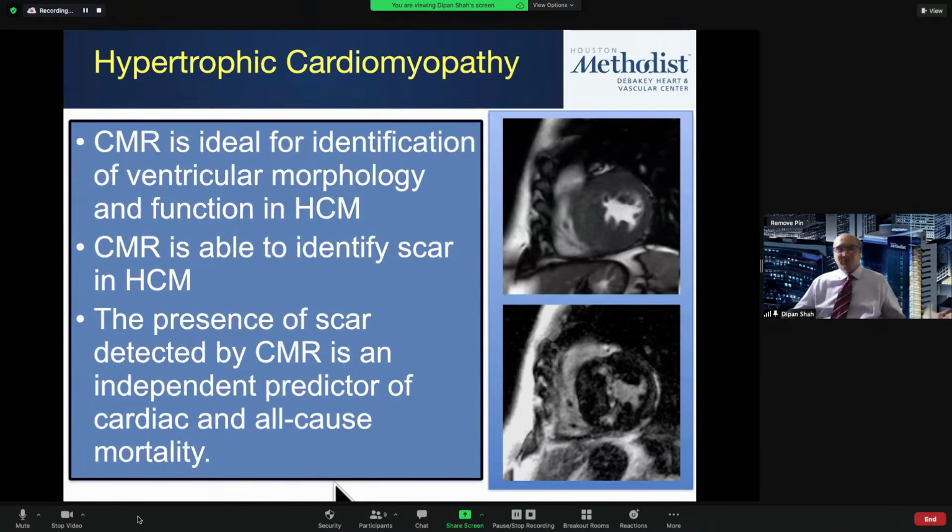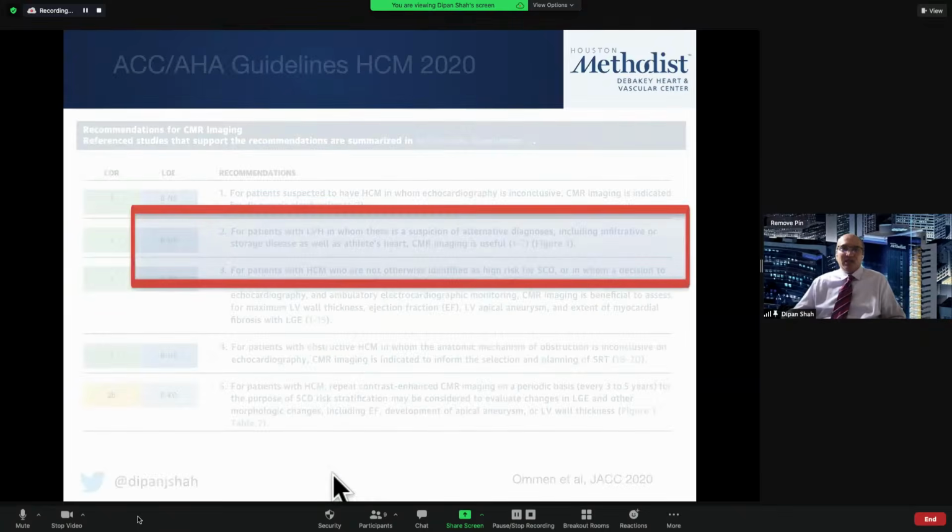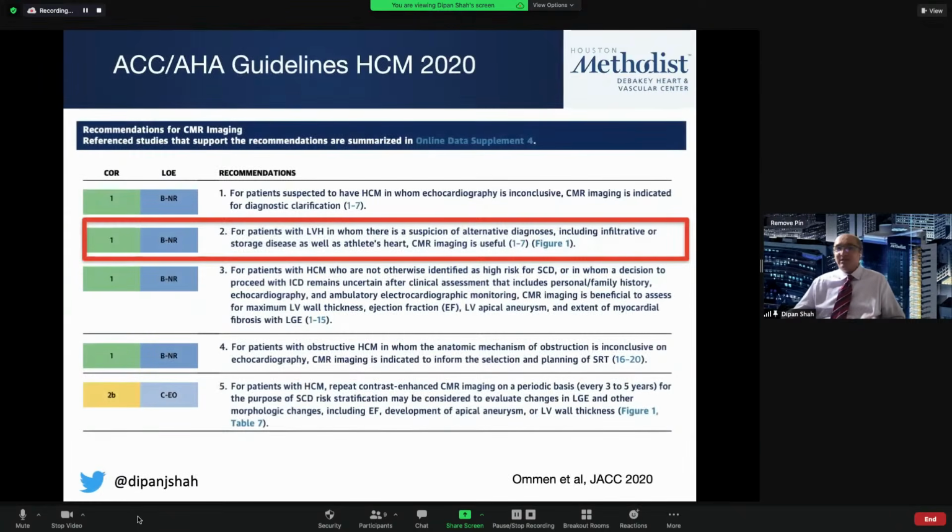And I think over the last 10 or 15 years a significant amount of data has emerged, and this has led to an update in the guidelines, such that in the just published ACC/AHA guidelines for hypertrophic cardiomyopathy, there's a class 1 indication now for CMR in patients where there's a suboptimal or inconclusive echo, but also in patients where there's a suspicion for an alternate diagnosis, such as an infiltrative or storage disorder, as well as athlete's heart.